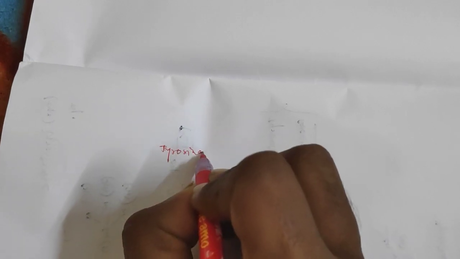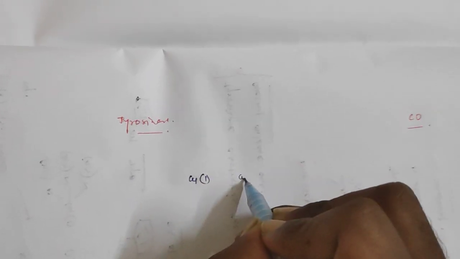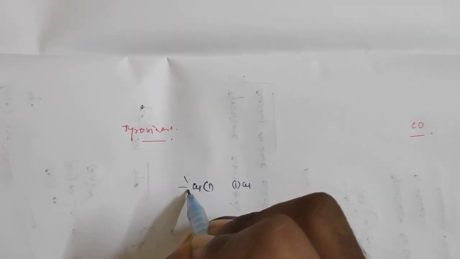Okay, so now let's discuss the mechanism, side by side. Here is the tyrosinase activity, and here we will discuss the catechol oxidase. For tyrosinase, there are two copper centers in the active site, copper(I) with three N-histidine on each copper center.